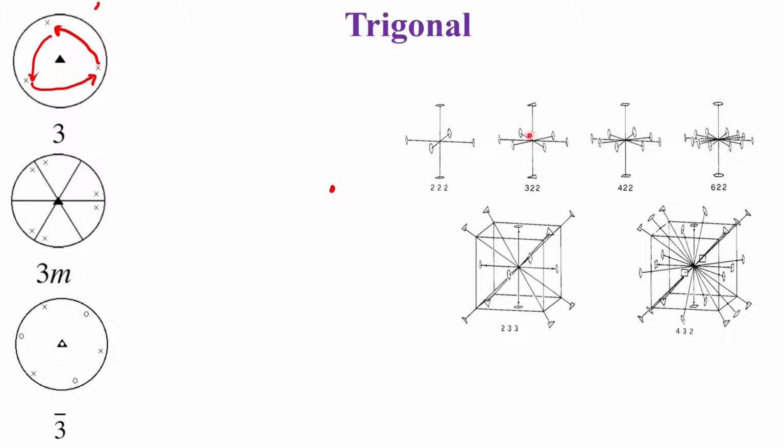The 3-fold rotation is the one which has generated these axes, and then we can associate with these axes, either we can associate a rotation axis or just leave it as such. If we leave it as such, we get the 3-fold rotation or the 3 bar rotation. If we do not leave it as such, we can have option of a 2-fold and a 2-fold, which means we have 2 proper axes.